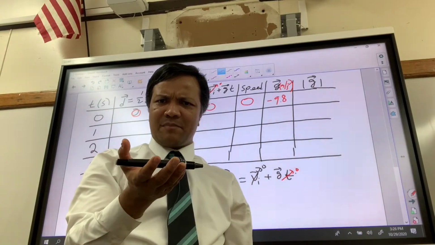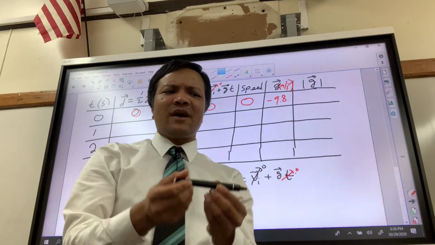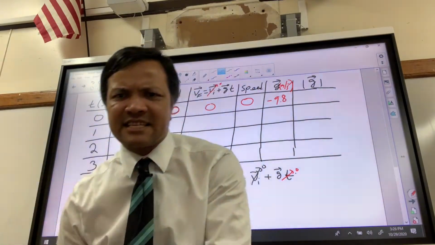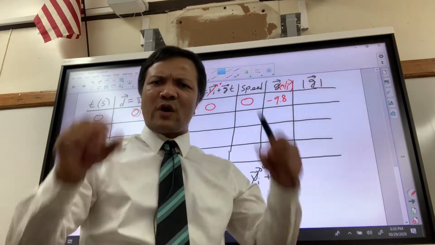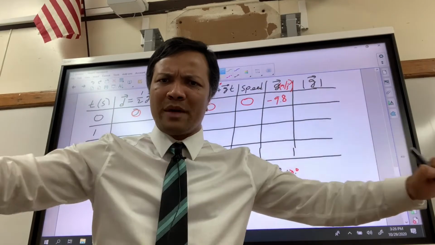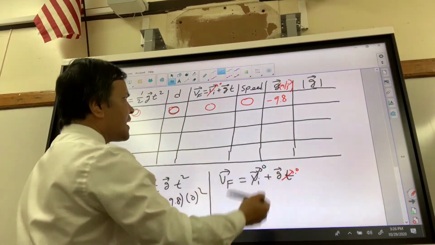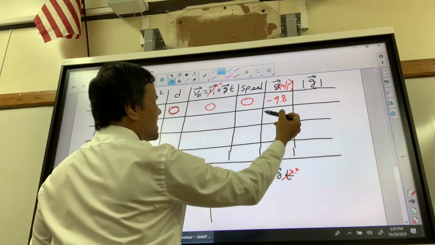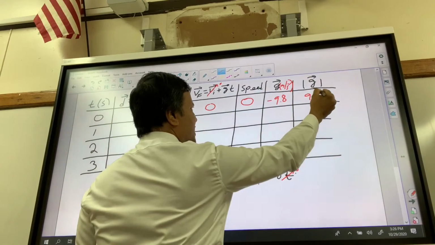Negative 9.8 meters per second every second. What if I hide it under the table? It is still negative 9.8 meters per second every second, no matter what. This is a constant. And the absolute value of negative 9.8, which is the magnitude of acceleration due to gravity, is 9.8.